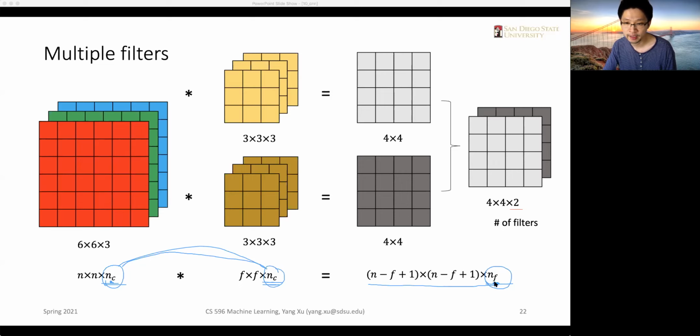So these are two different quantities, nc and nf, which together determine how a complete convolutional operation is conducted when the input is a 3D volume.